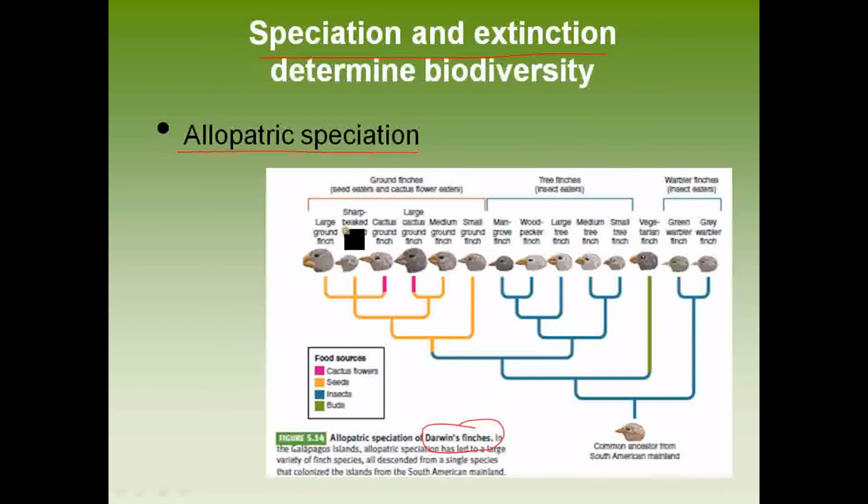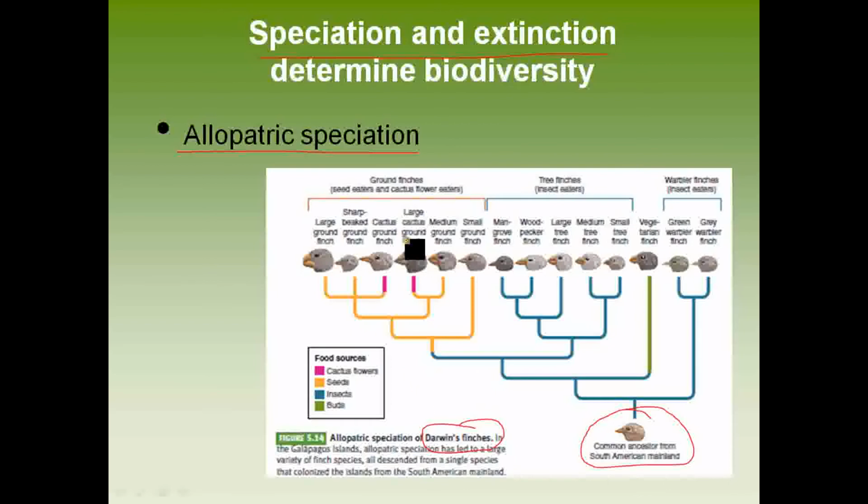Of course, the great example is Darwin's finches. A whole bunch of birds, well, one bird in particular, the common ancestor here, made it from South American mainland. He made it to the Galapagos Islands, and there was reproduction. Obviously you need more than one bird to make it. But once those birds reproduced, the birds went from island to island, and different food sources caused different advantages.